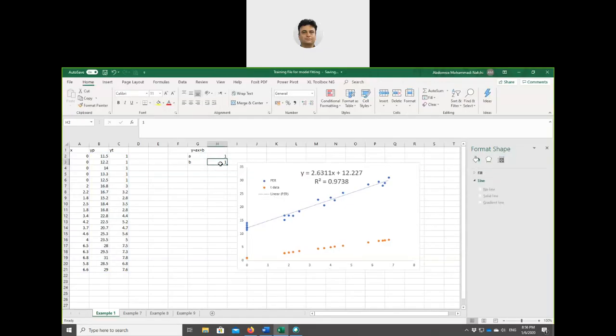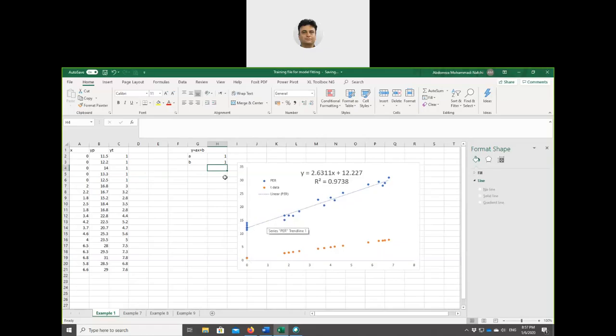For example, I put b as 10. You can see it changed a little bit, but it doesn't cover our data. So I want to make some changes so that this data comes and exactly covers our line.